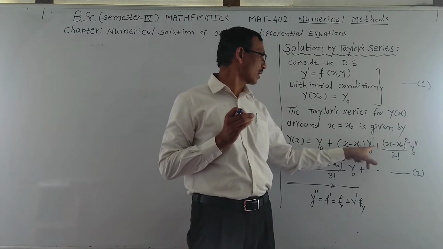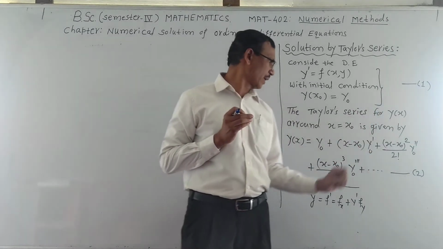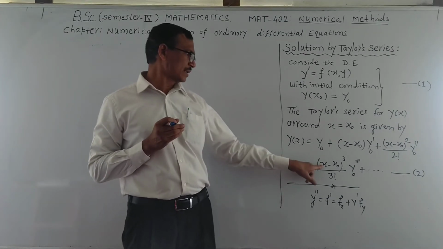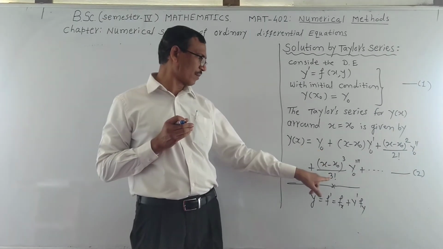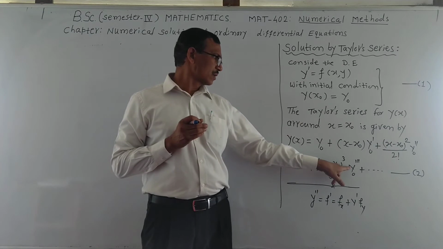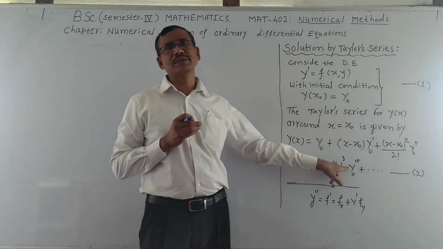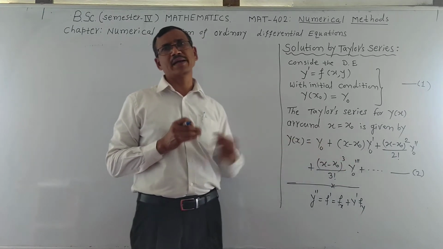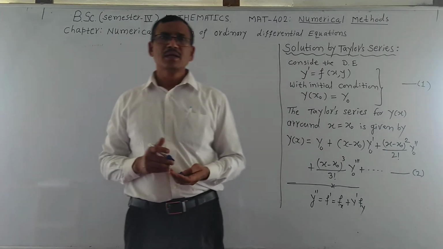This is the first order derivative, this is the second order derivative, and the next term is x minus x0 whole cube divided by 3 factorial y0 triple dash, that is the third order derivative of y0, and continuing like this.